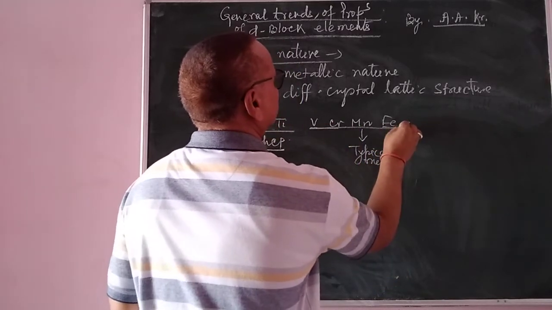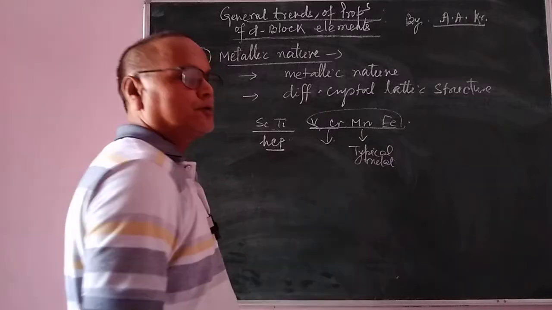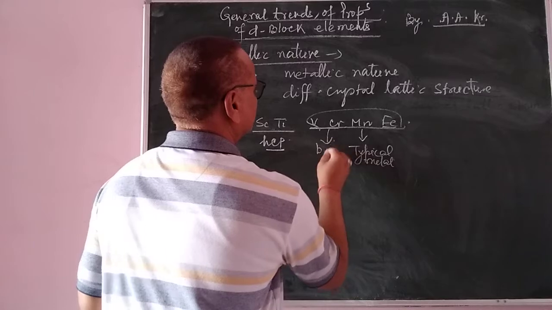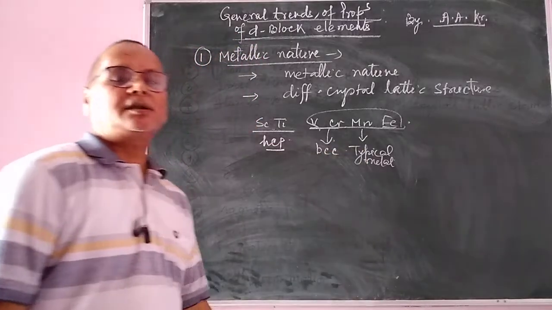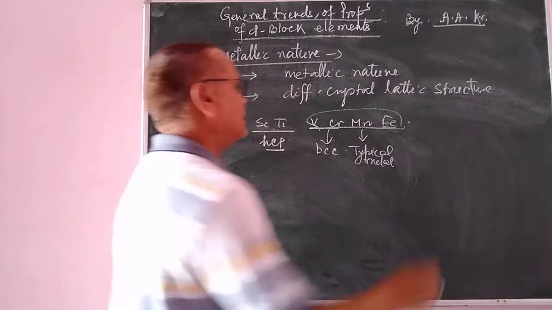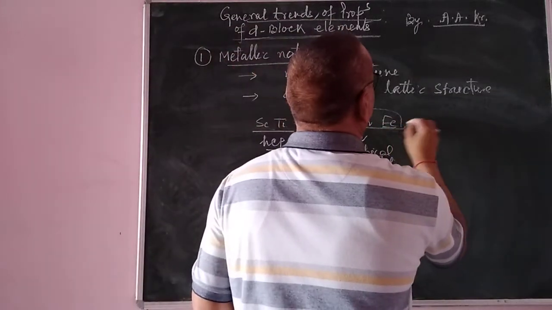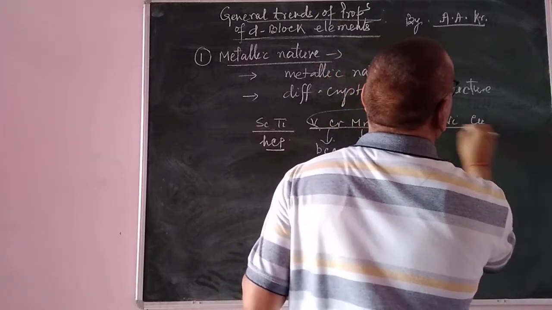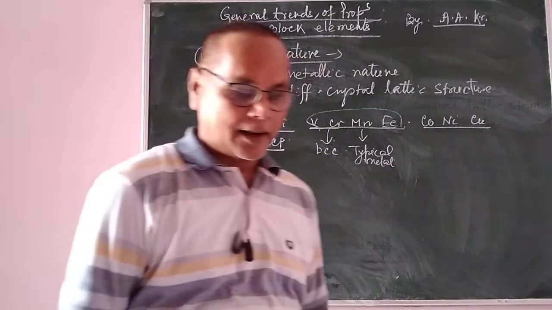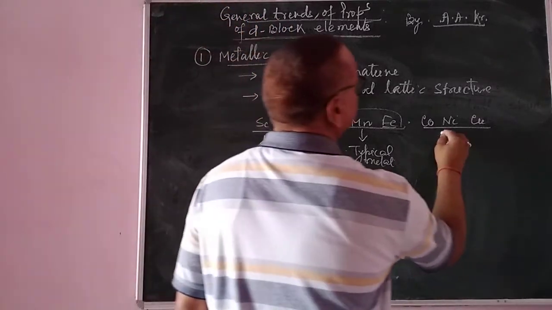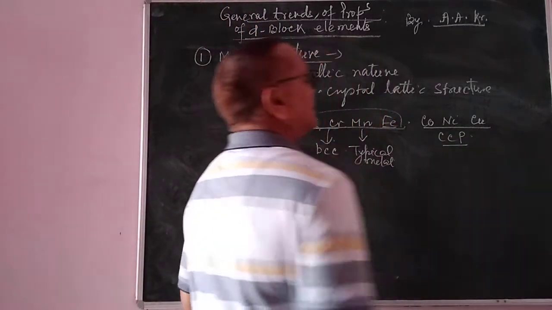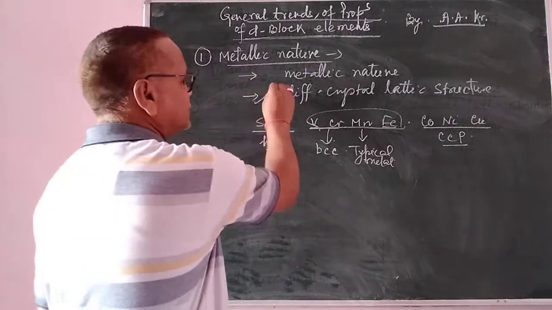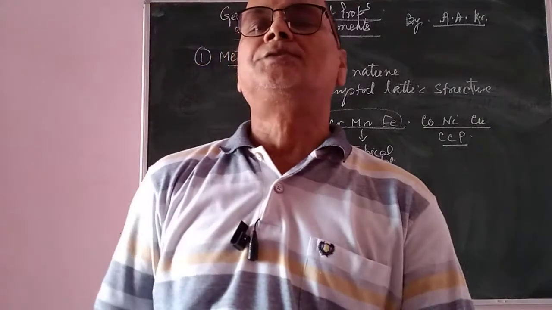But these three are BCC, body centered cubic crystal lattice structure. Cobalt, nickel and copper show CCP or FCC, that is cubic close packing structures. So all these show different crystalline structures.